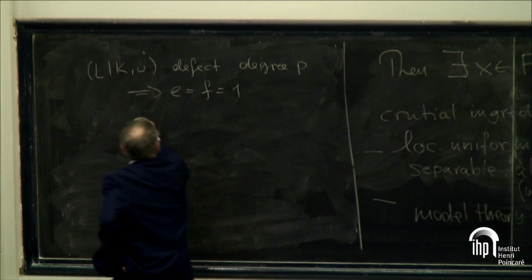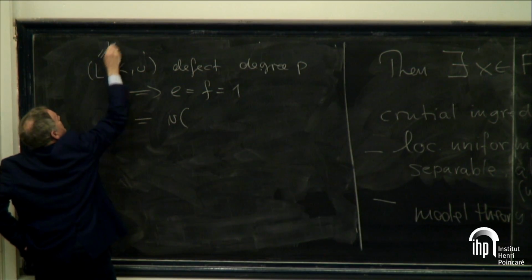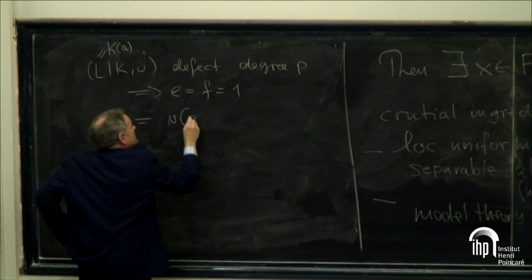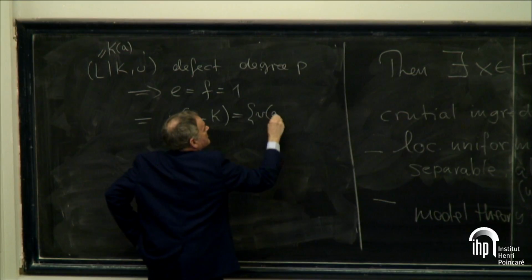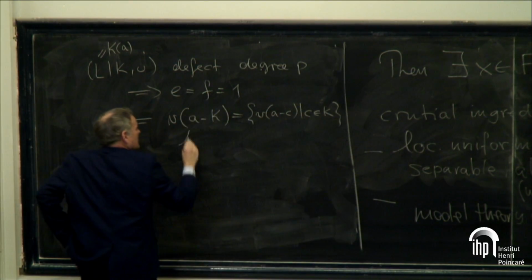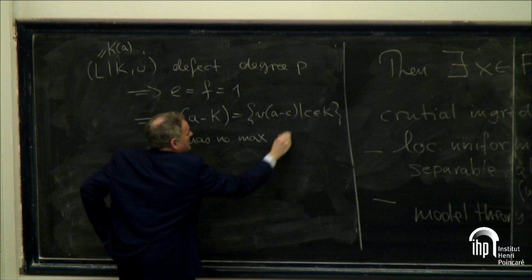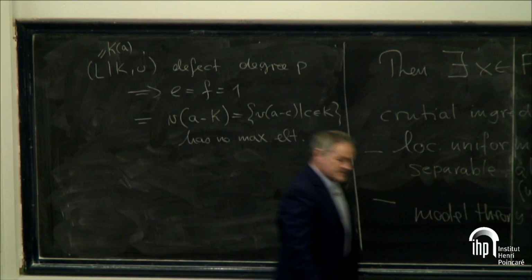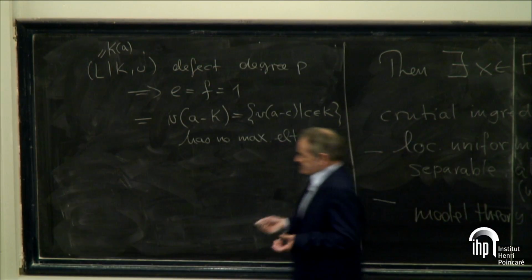And then it follows that, so if L is K(a), then this set of values, a minus c, c in K, has no maximal element. And what you can do is you can take it to define a cut in the value group. Actually, you better go to the divisible hull of the value group, and you define a cut there.